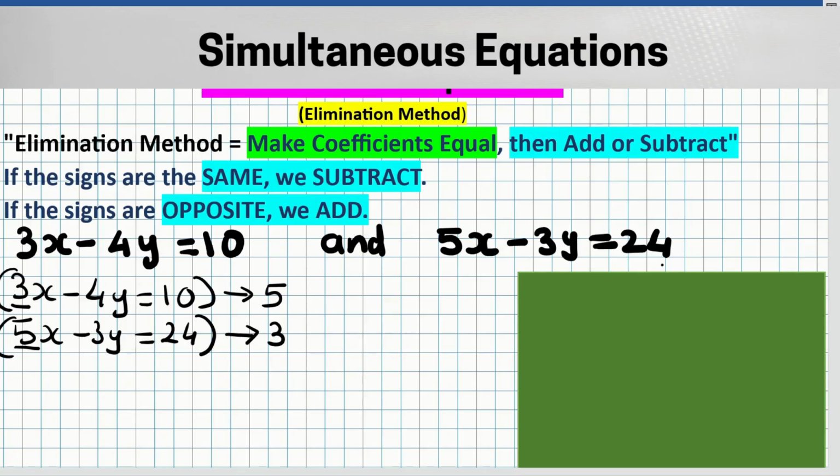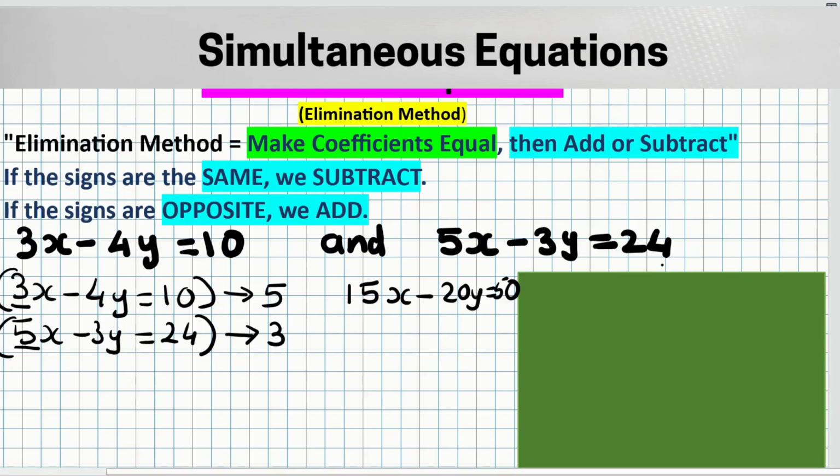Correct, students? So we'll get the new equation and we will number that equation. Don't keep on numbering the equations and make the sum complicated. When you multiply the equation by 5, we get 15x minus 20y is equal to 50.